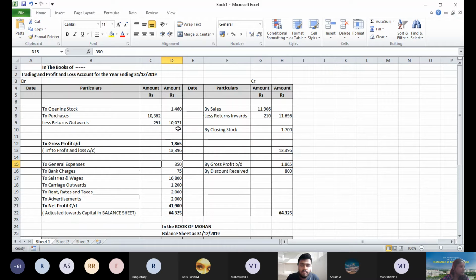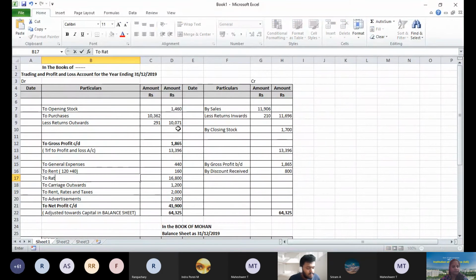General expense, 440. Next is rent. I've already done that. Rent is 120 plus 40, what is the amount? 160. You can put it in the inner column or you can put it in the bracket like this.